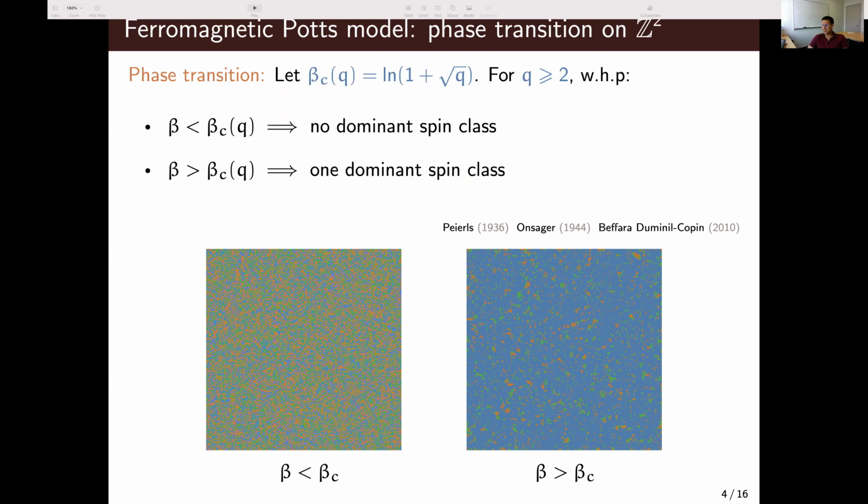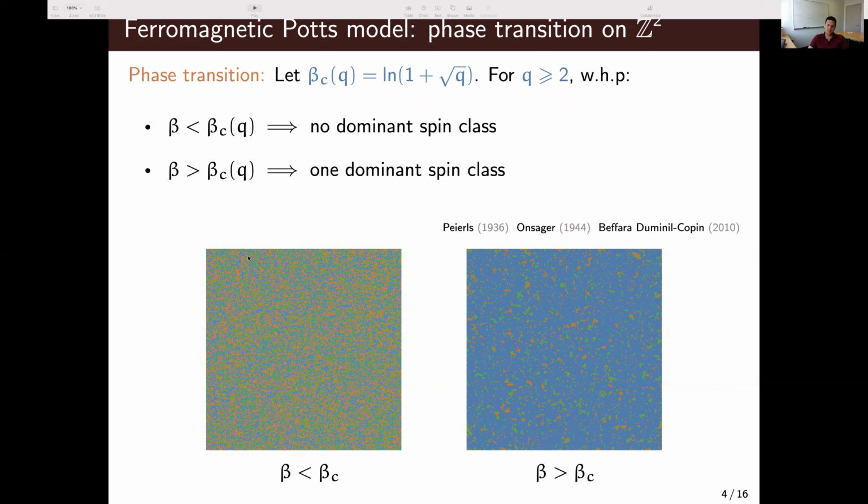Okay, so in this setting, let's say in Z^2, in general in Z^d, we expect, or we know, that there is a phenomenon called a phase transition. So there is a critical threshold for the parameter beta, so that for every Q greater than 2, if the parameter beta is below that threshold, then we have no dominant spin class in a sample from this configuration with high probability.